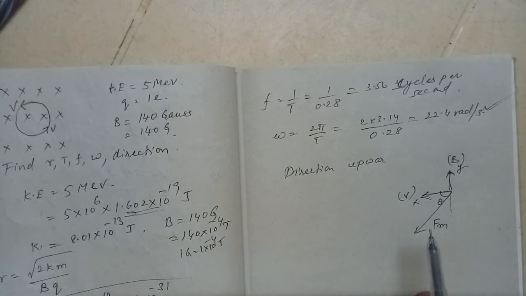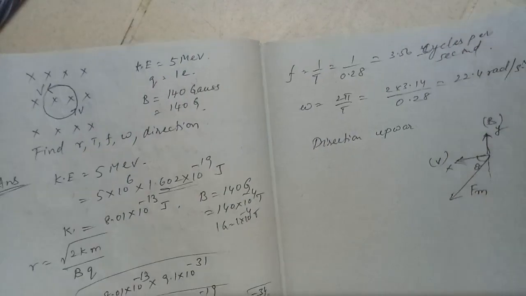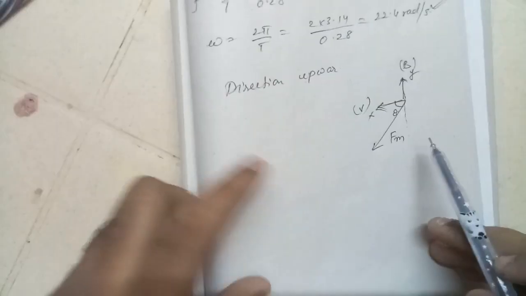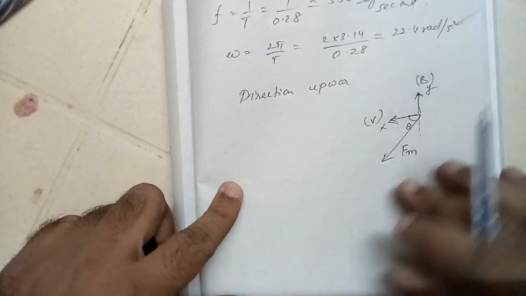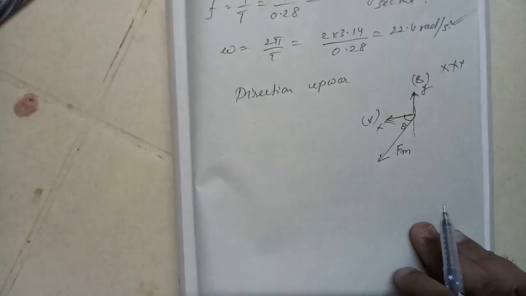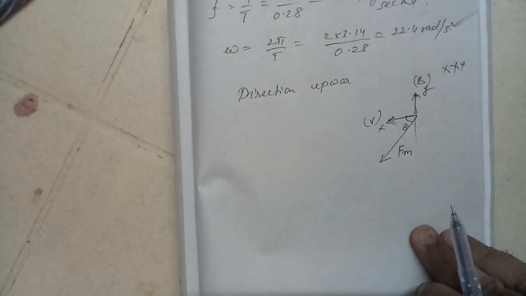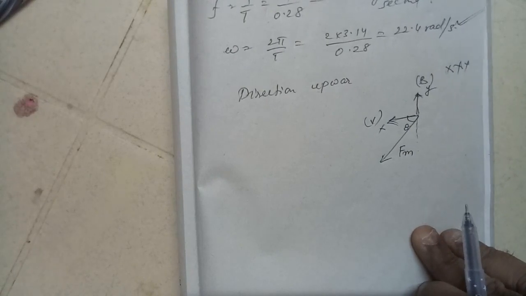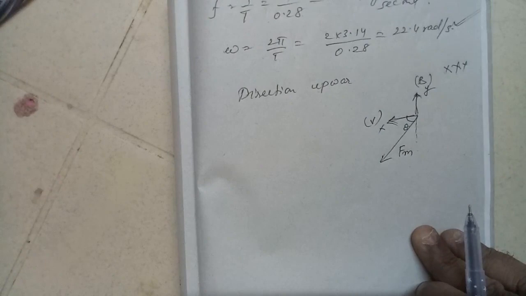Now coming to the direction part. While finding the direction, understand that here this B vector is given like this. What does this mean? It is perpendicular to the plane of the paper, and because you are seeing a cross mark, it is penetrating inside the paper.